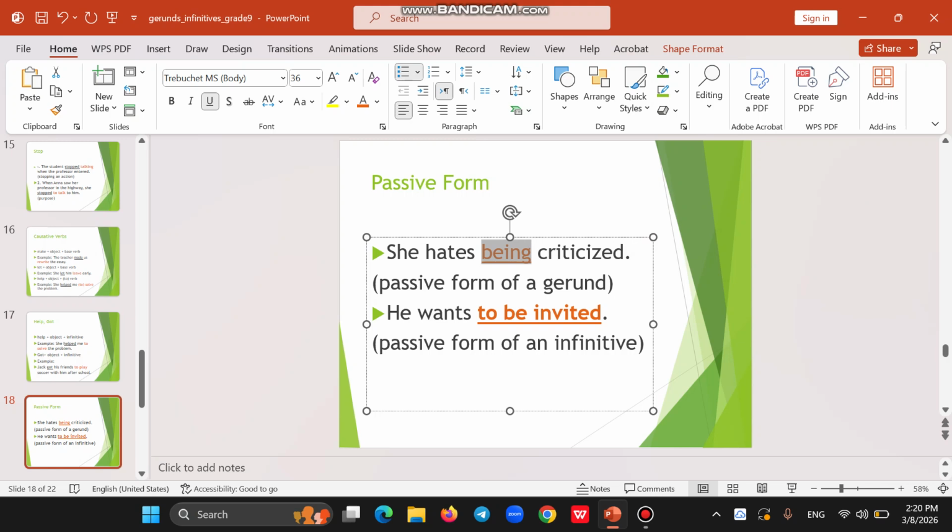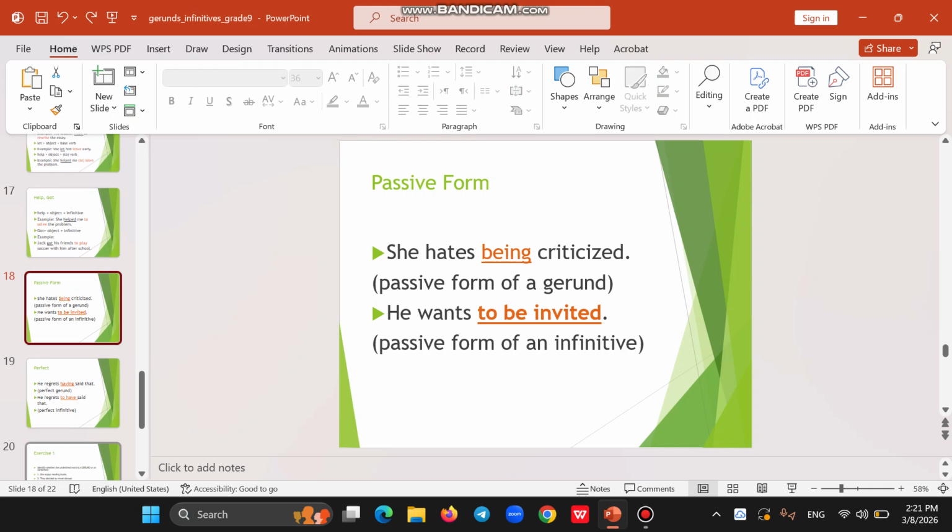He wants to be invited by, let's say, his friend. So this is again a passive sentence. The passive form of an infinitive is to plus be plus the participle form of the verb. So he wants to be invited by his friend, for example.